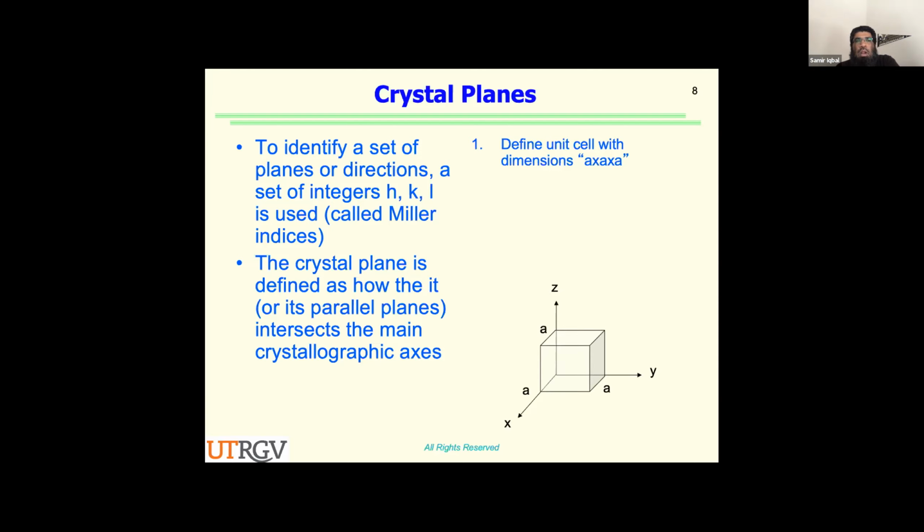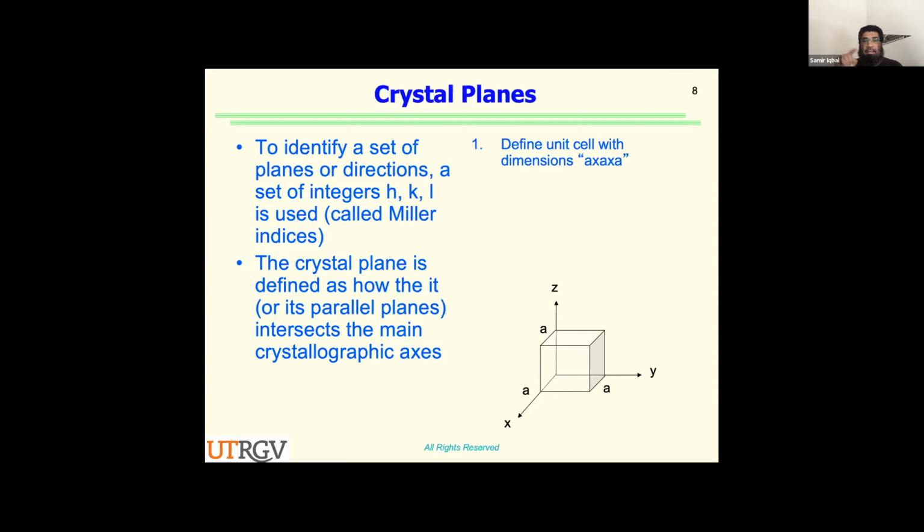An angstrom is one tenth of a nanometer. You have heard of nanotechnology. Some of you may have taken a course with me on nanotechnology. Nano is 10 raised to the power minus 9. Angstrom is a tenth of that, 10 raised to the power minus 10. So we know precisely the unit cell dimensions, because we have the lattice constant.